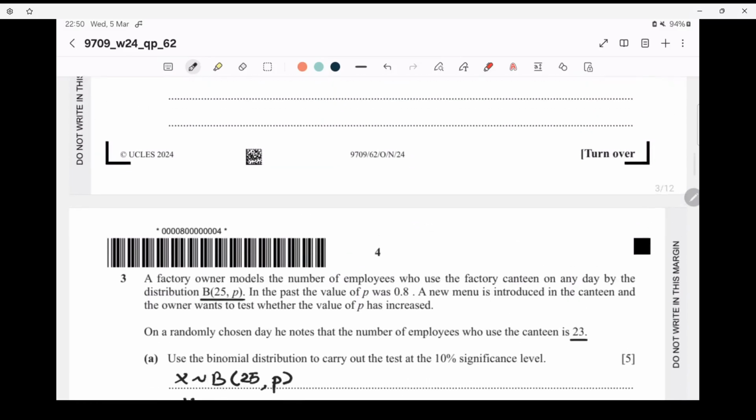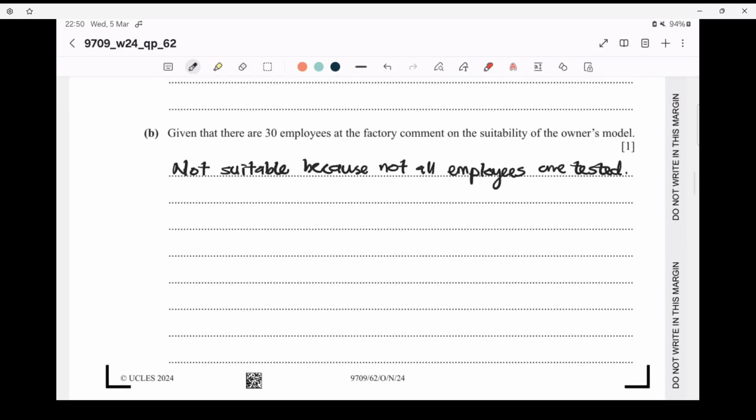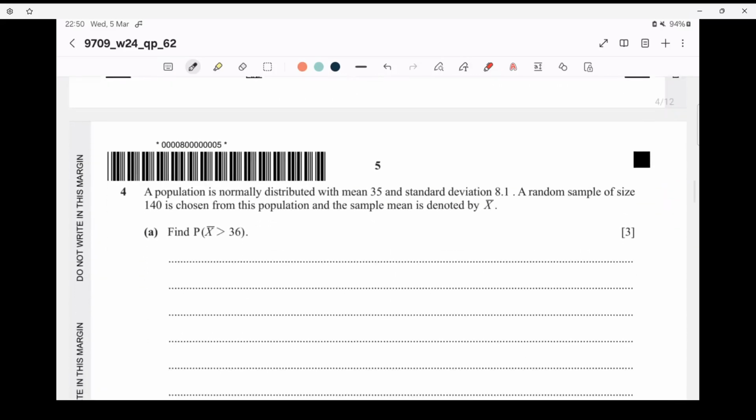So remember that in this question, you want to test the number of employees who use the factory canteen. So if this is originally 30 and you only use 25, of course your hypothesis testing will be skewed and it will not be suitable anymore. So that's the reason.